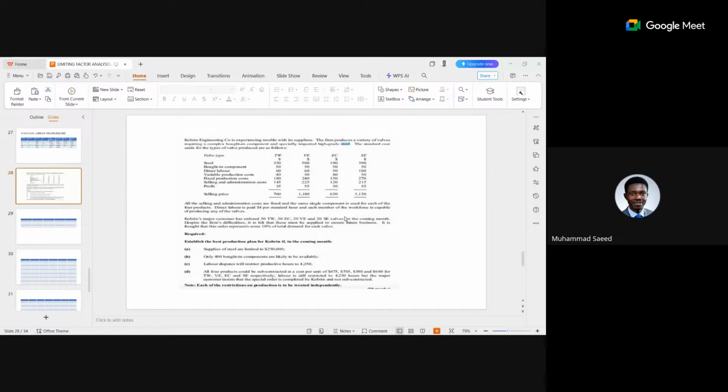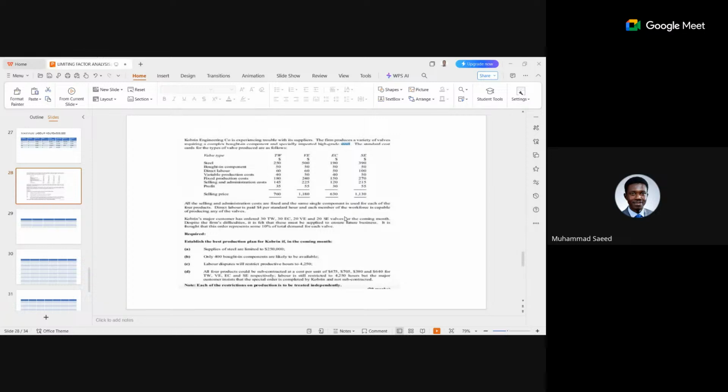Selling and administration cost, we have $145, $225, $120, and $215. Profit, we have 35, 55, 30, and 55. Selling price, we have 760, 1,180, 630, and 1,130.